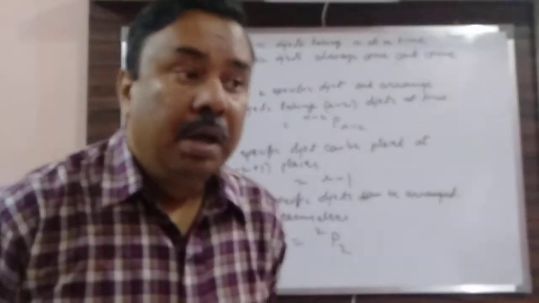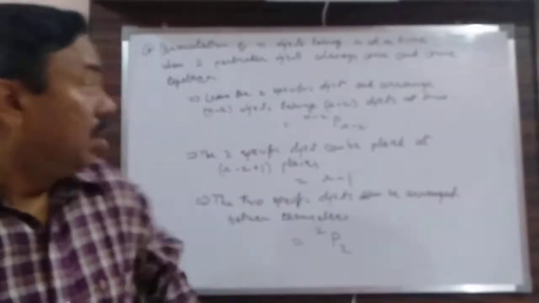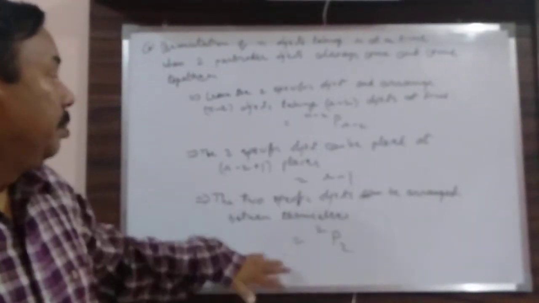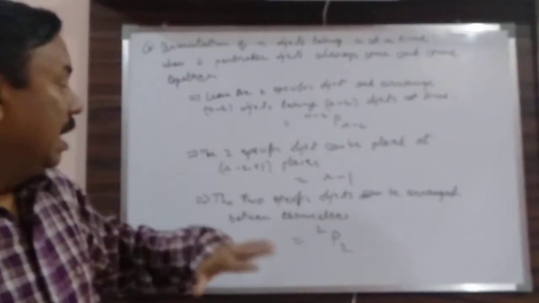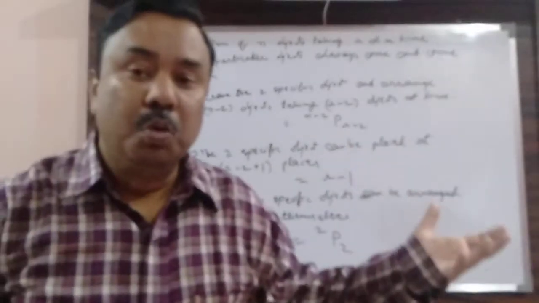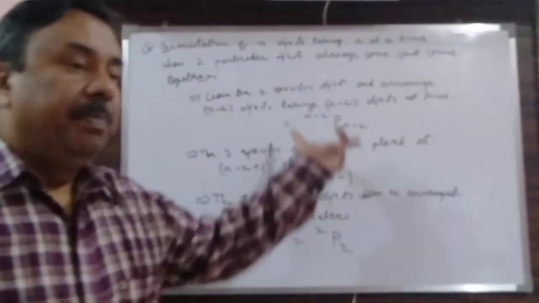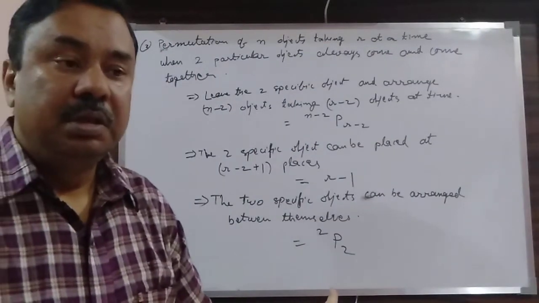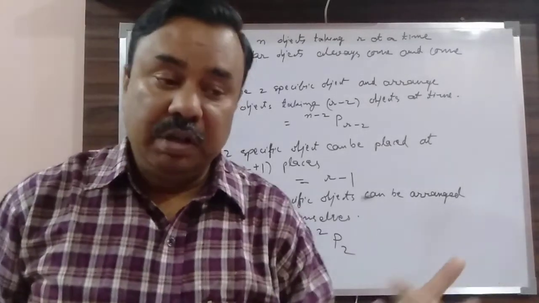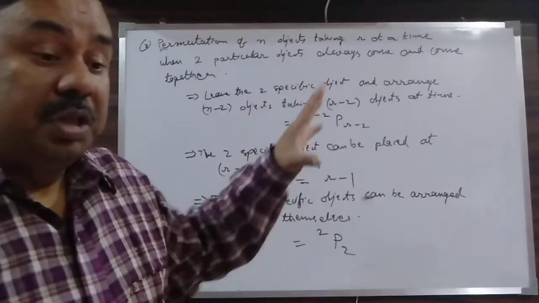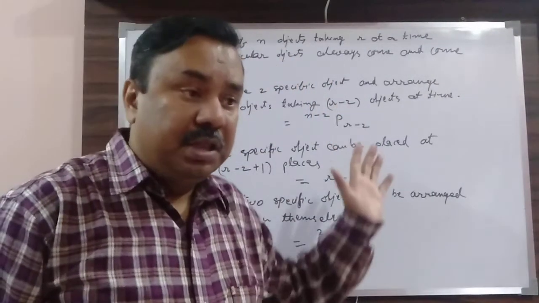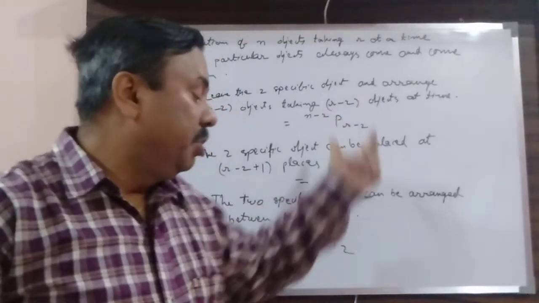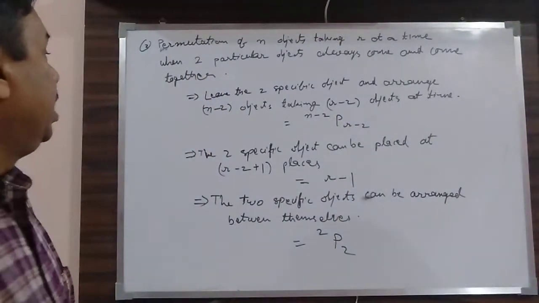Okay. Now all these permutations have to be this and this and this. So what we have to do? We have to just multiply all these. I've told you, wherever the question says this and this and this, all permutations have to be multiplied.